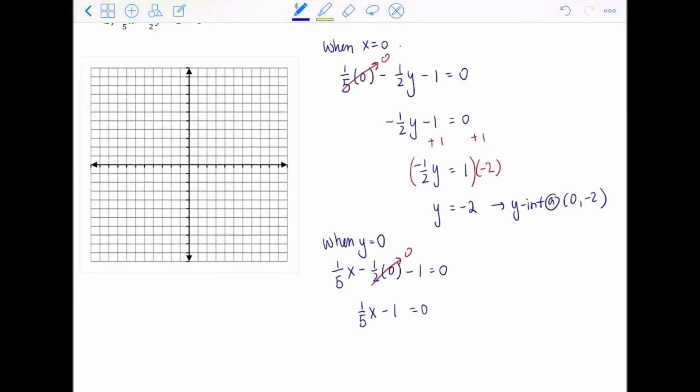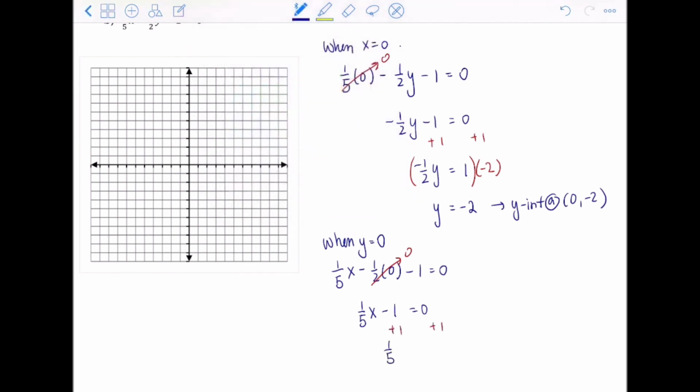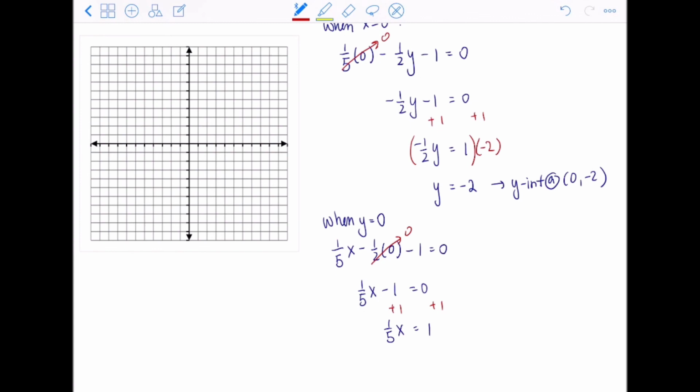Here we move that constant, adding 1 to both sides, and we are left with 1 over 5x equals positive 1. We multiply both sides by 5 to get rid of the denominator. We get x equals positive 5. So x equals 5 is the x-intercept, which happens at 5, 0.